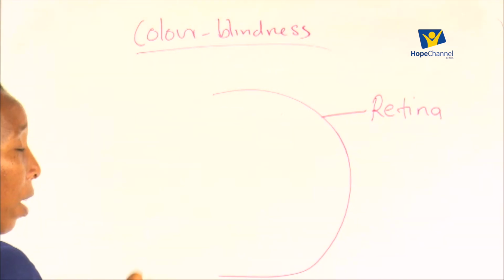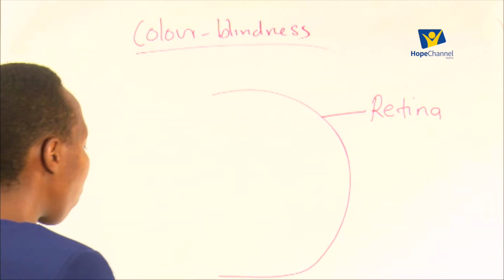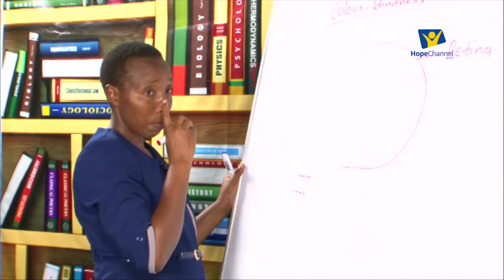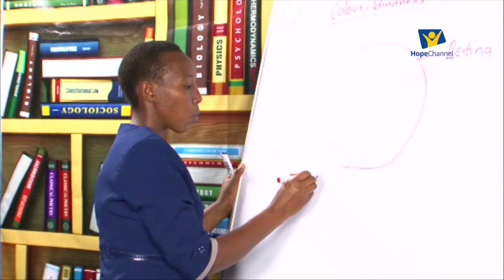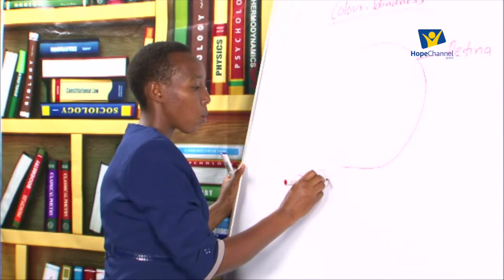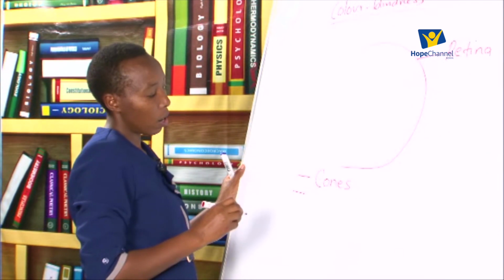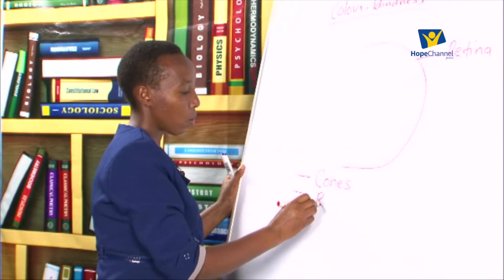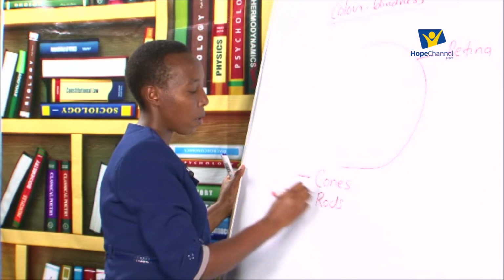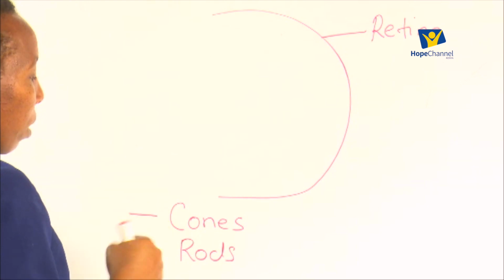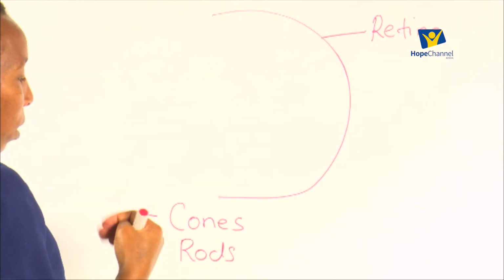We call those cells photoreceptor cells. So we have what we call the cones, and then we also have the rods, the ones that we use to perceive.